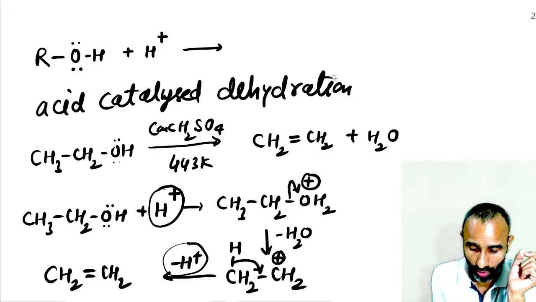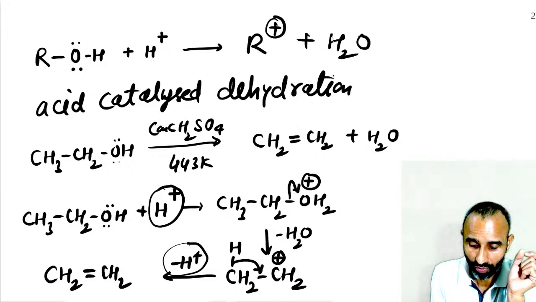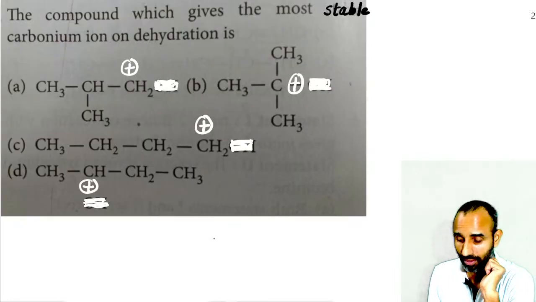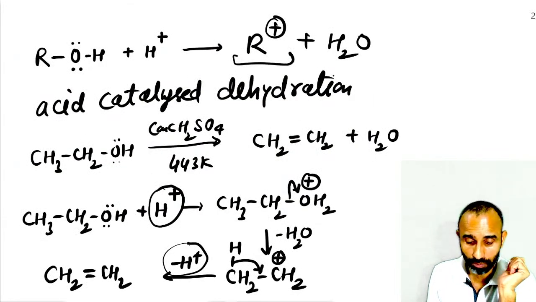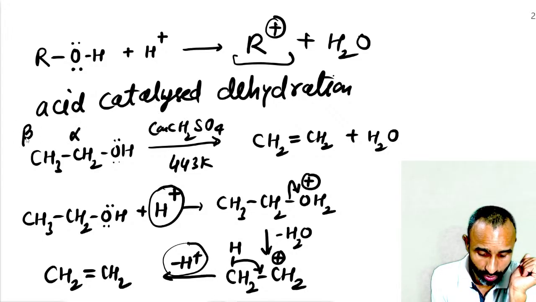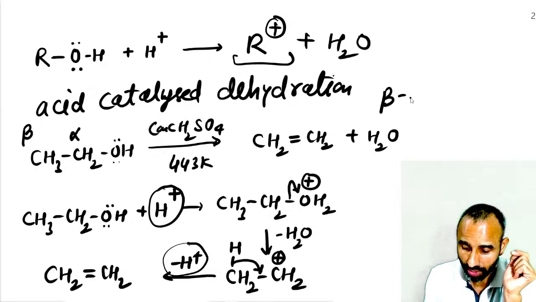So overall, OH is removed and we get carbocation. Is this called alpha beta elimination? This is beta elimination reaction, because hydrogen is removed from beta carbon.